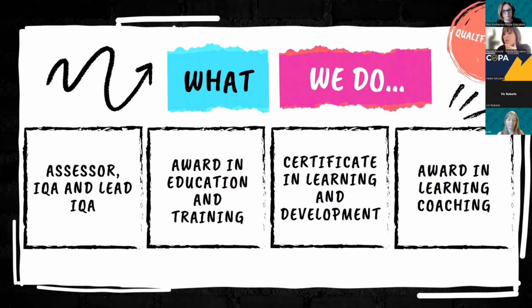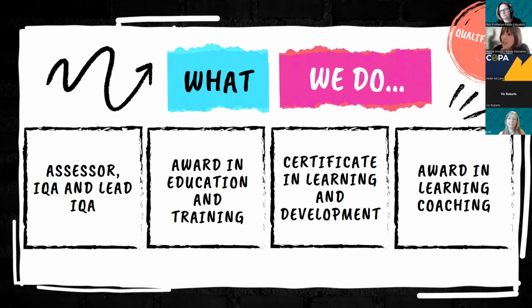We also then do the qualifications. This is, I suppose, bread and butter: assessors, IQA, and we also recently started the lead IQA qualification. The award in education and training is your level 3 entry qualification.